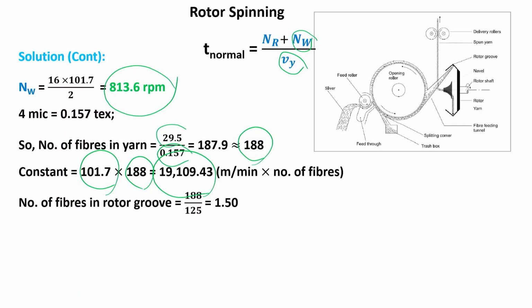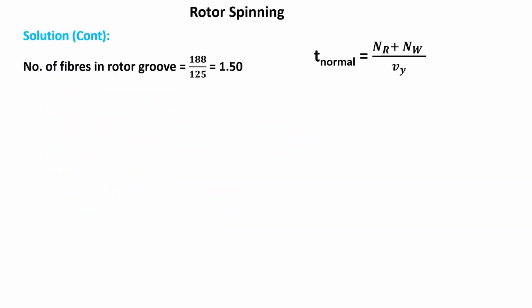Now, number of fibers in the rotor groove is 188 is the fiber in the yarn cross section and 125 is the back doubling. So, number of fibers in the rotor groove is 1.5. So, what we can do?